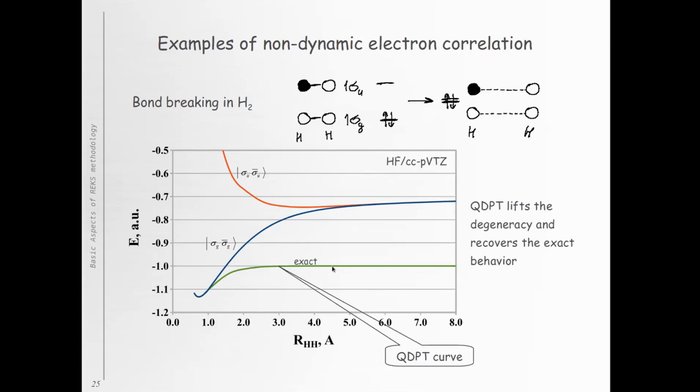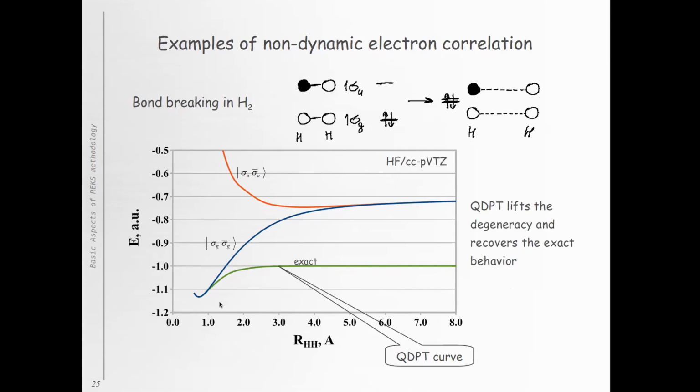Although, while I don't show it here, it may be slightly different in the intermediate region, because some other terms may also become important near the equilibrium bond length, which will give us the dynamic correlation.